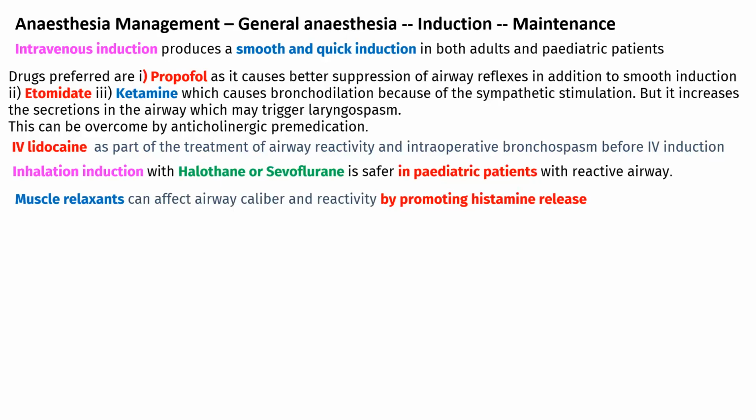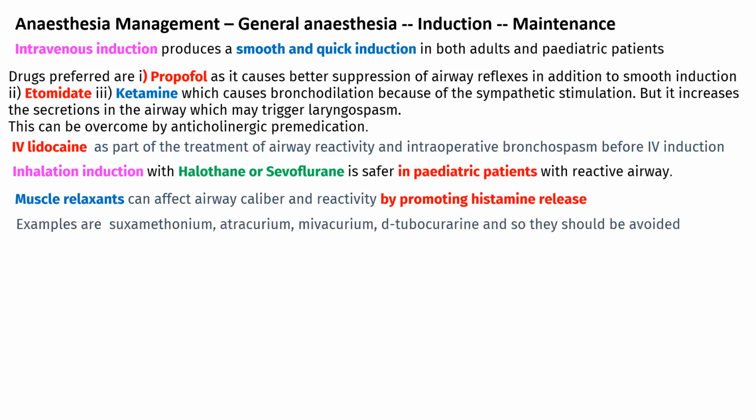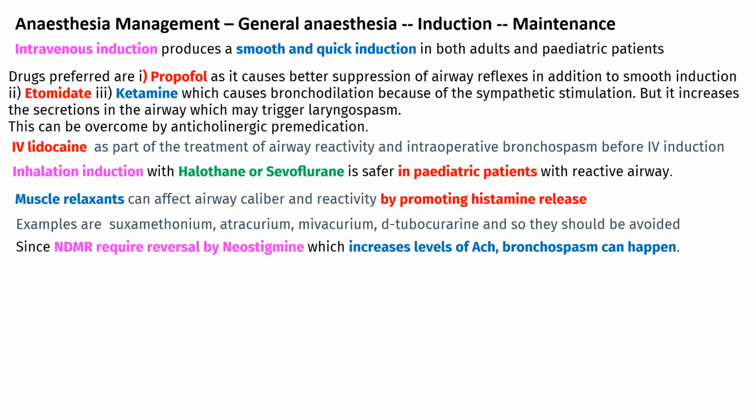For muscle relaxants, you have to take those which do not release histamine. Atracurium, mivacurium, d-tubocurarine are all capable of producing histamine, so avoid them. And the use of non-depolarizing muscle relaxants requires reversal with neostigmine.